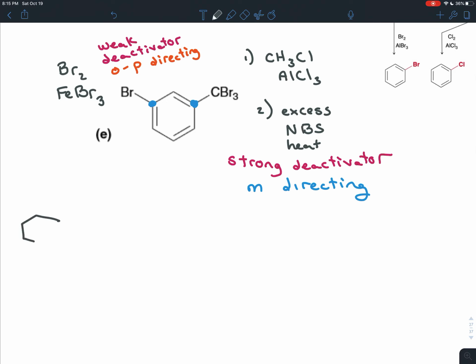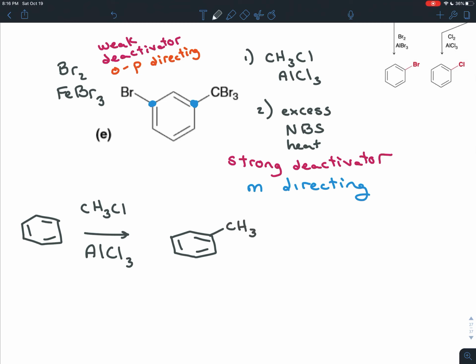So we'll take benzene, and first step, we'll do the Friedel-Crafts alkylation. We don't have to worry about carbocation rearrangements. We'll form this methyl carbocation, but it won't have any other carbon to rearrange to. So that'll give us CH3 here.